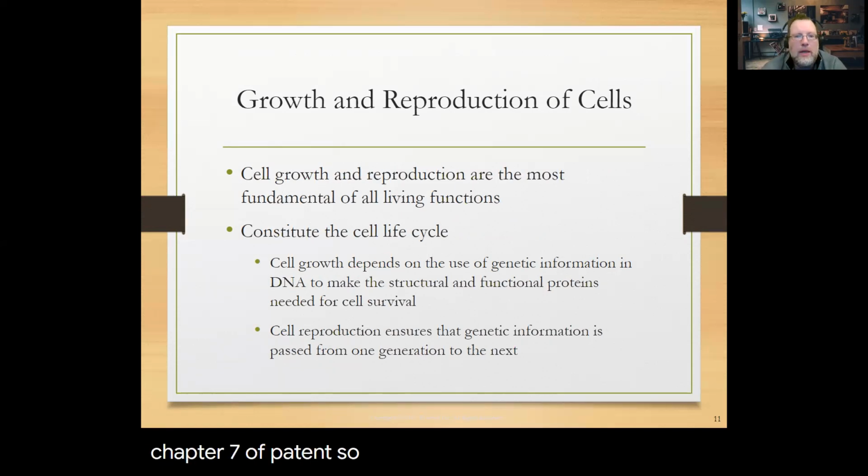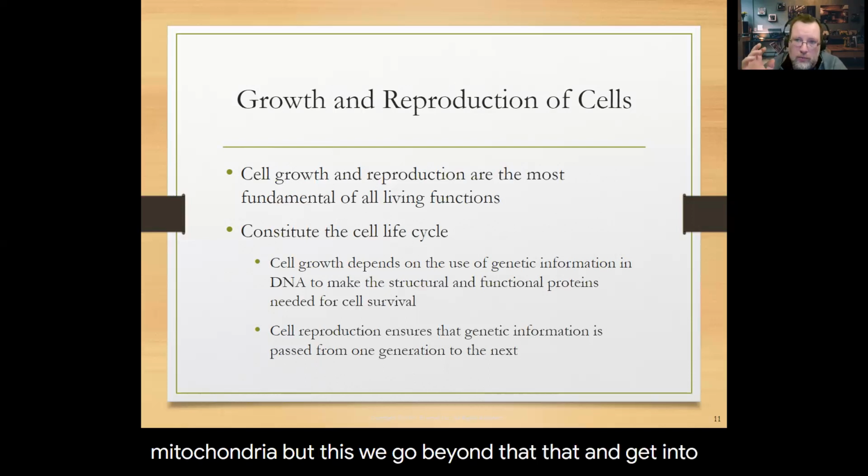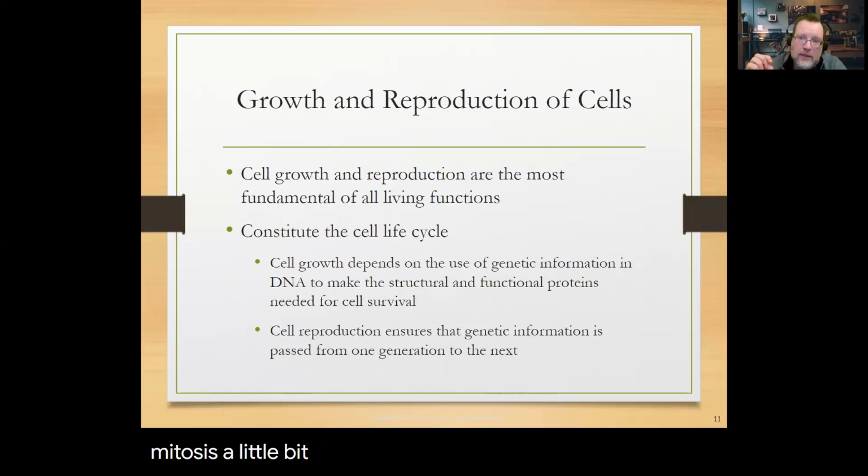So anyway, cell growth, life cycle, of course, we have cellular respiration that we'll look at. And we've touched a little bit on ATP and the mitochondria, but we go beyond that and get into mitosis a little bit. We get into some of the basics of protein synthesis.